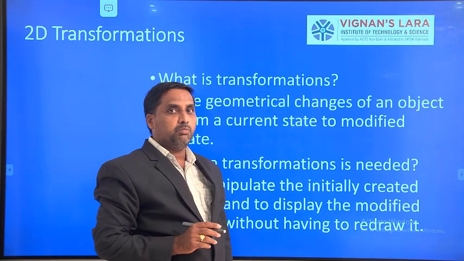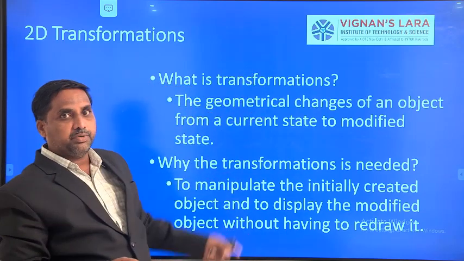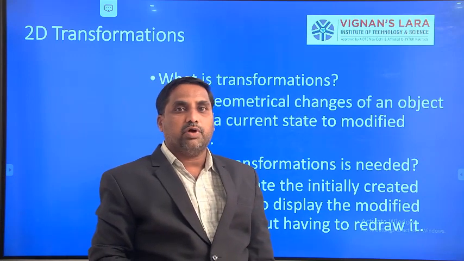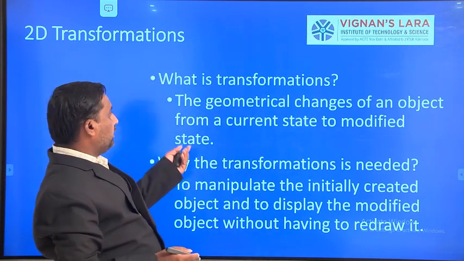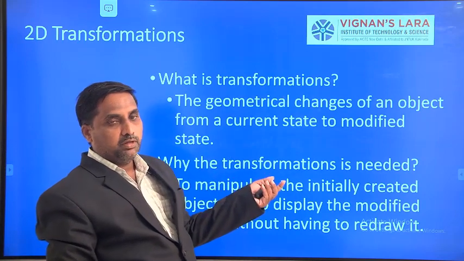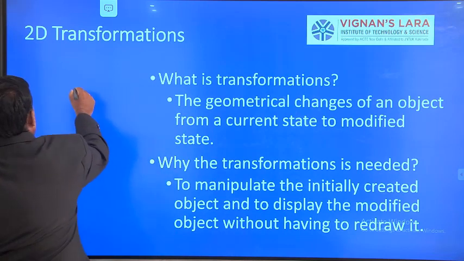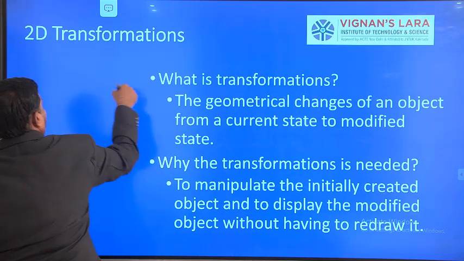If you read this statement directly, you may not understand what the current state and modified state are, and what geometrical changes are required. For that, I will give one example. I will draw one diagram, and then we can apply the transformation to it.